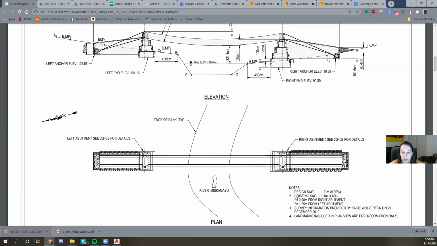The last value is our live load sag. That doesn't go anywhere in the drawings, but that is what we use for the cables, to figure out the cable tension that Jay's gone over. Live load is the highest load the bridge is ever going to see, theoretically when all the people are on it, or there are motorcycles or different livestock.